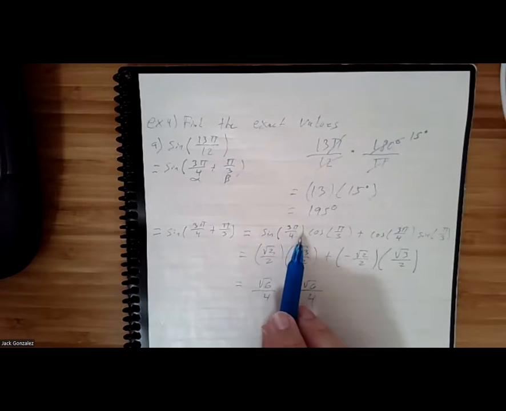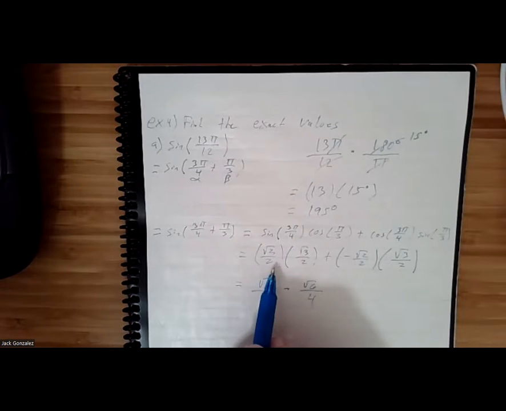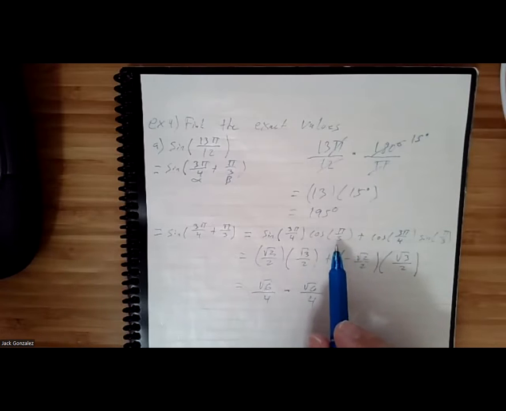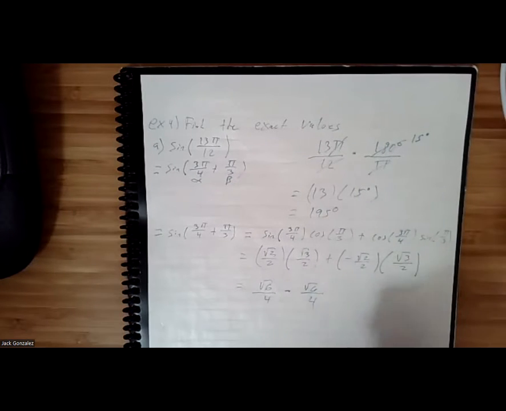Sine of 3 pi fourths is root 2 over 2. Cosine pi thirds. Oh, that's where I messed up. That should be 1/2 here.